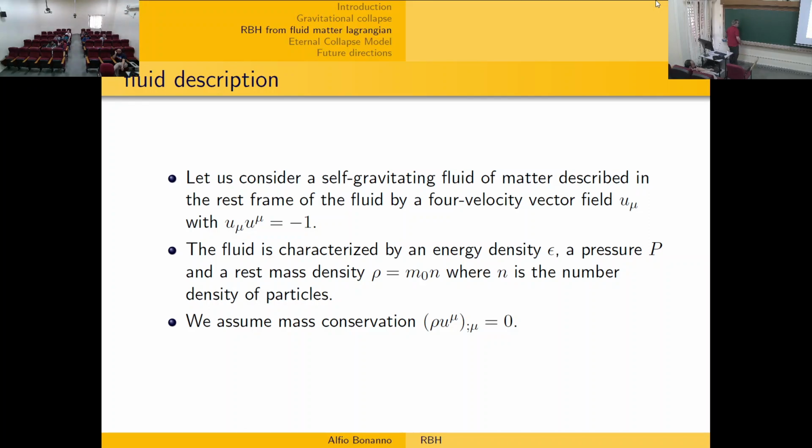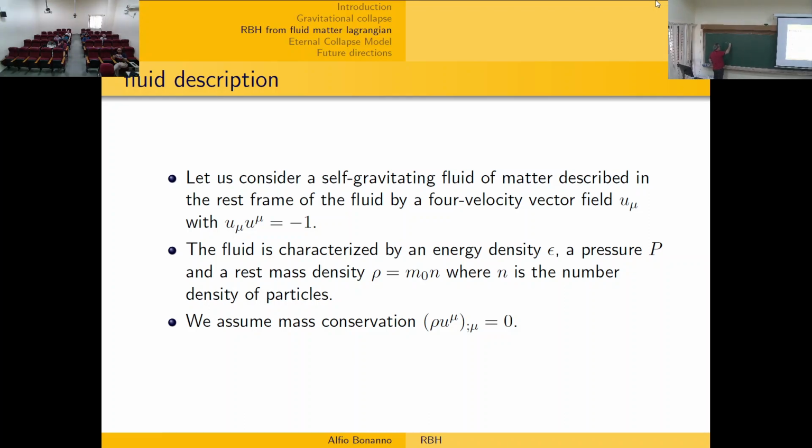So imagine that you write the Schwarzschild metric in this way, in Schwarzschild coordinates. This is the Schwarzschild solution, and it is singular.